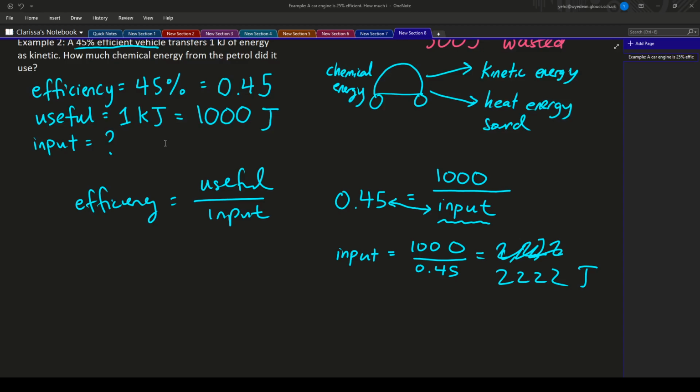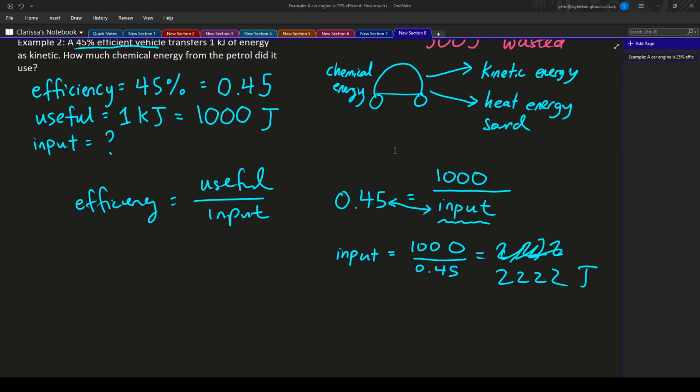But just to start you guys off, there are some problems there that give it to you in 3 different sections: practice, rearrange, and exam questions. So basically with the practice, you're not going to have to rearrange the efficiency equation at all. You just do the divide bit.